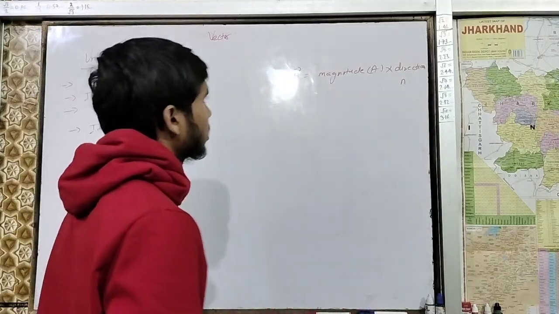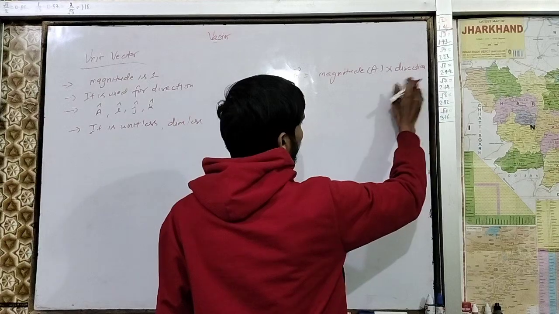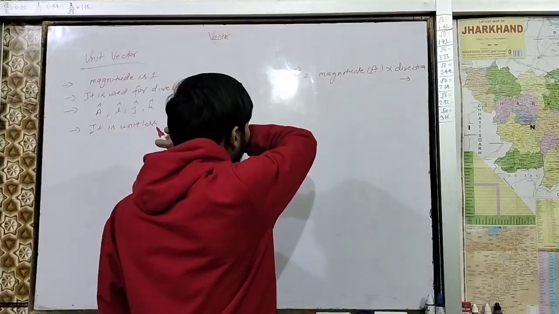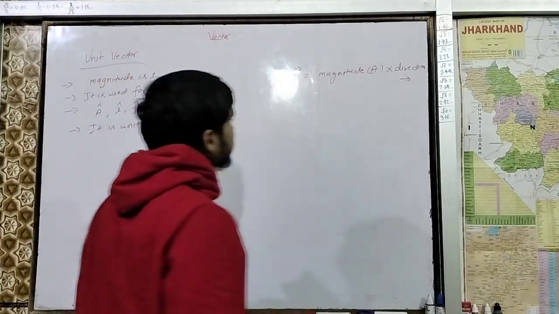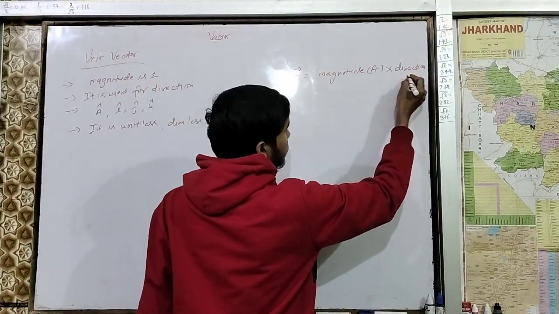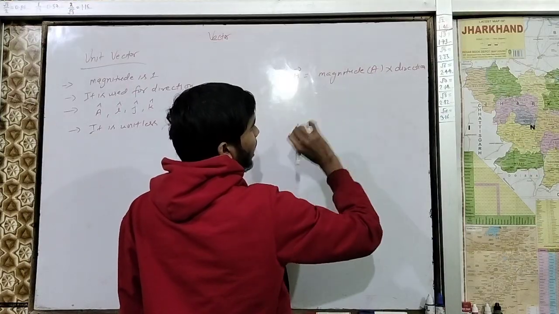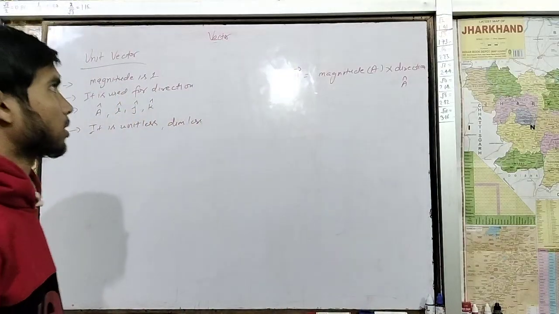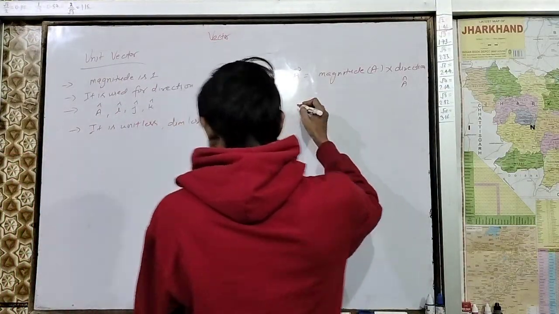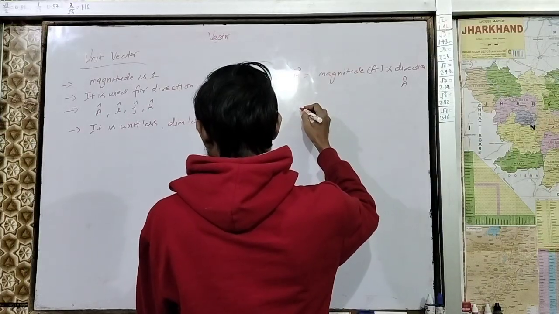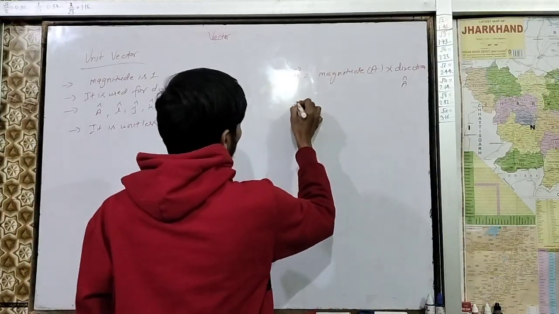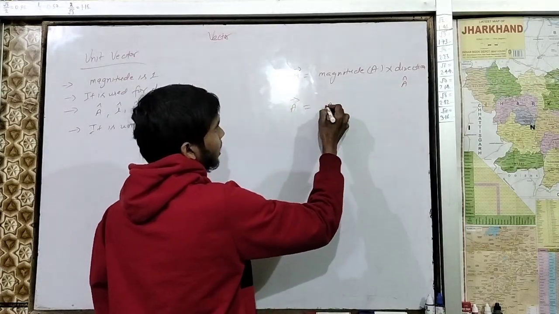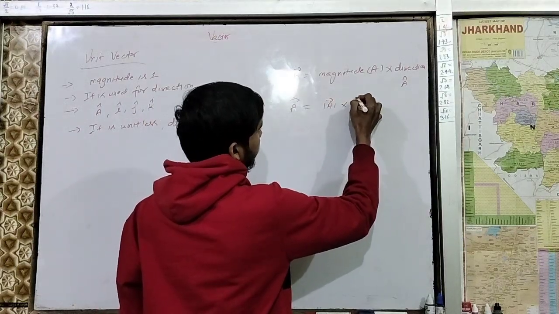Cap is a direction. For magnitude we have A, so for direction we have A cap. So can you say that this vector A is equal to the magnitude of vector A multiplied by direction.